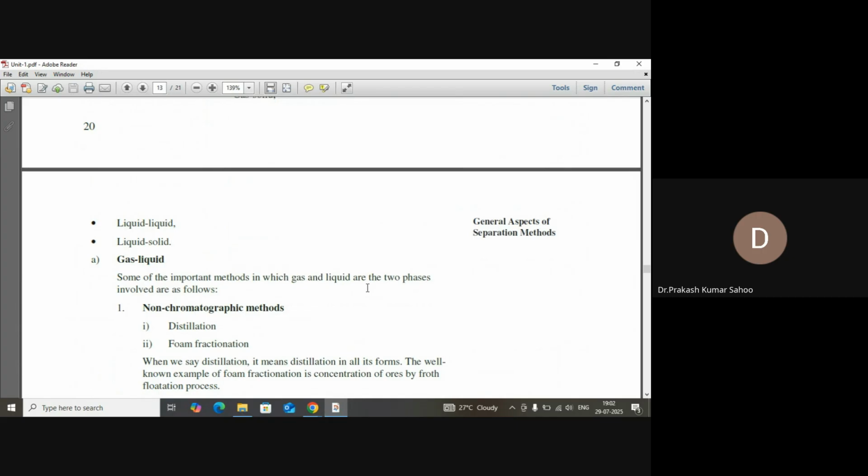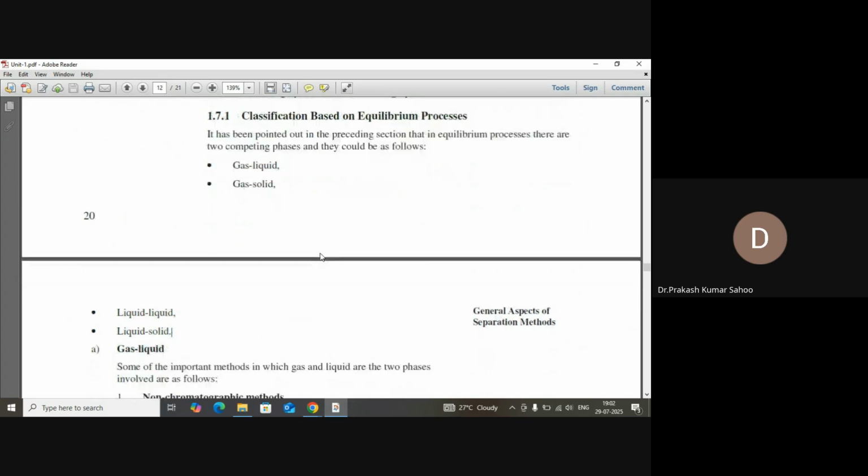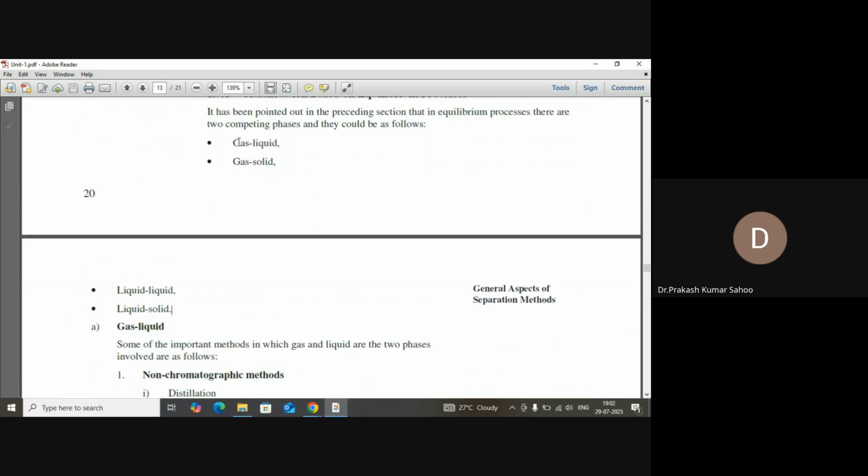And in the equilibrium process, we have two phases. One will act as the mobile phase, and the second will act as the stationary phase. In gas liquid, gas is the mobile phase and liquid is the stationary phase. In gas solid, gas is the mobile phase, solid is the stationary phase.